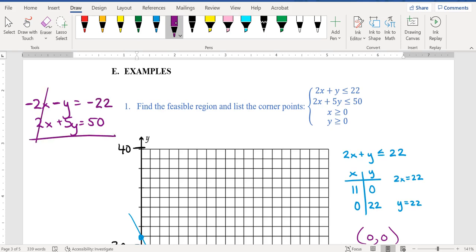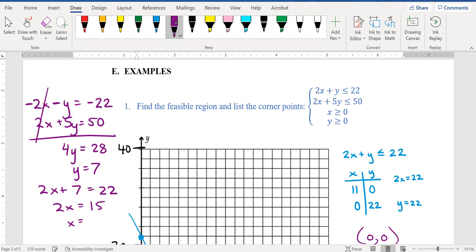I eliminated the x's, so now I have 4y equals 28, so y is 7. If y is 7, 2x plus 7 equals 22, so 2x would equal 15.